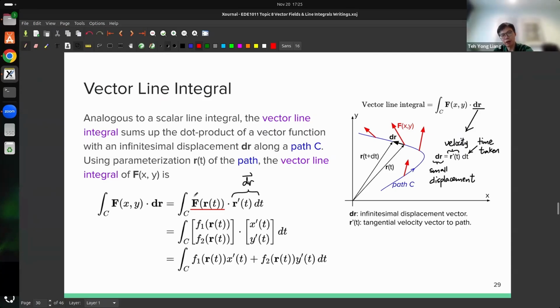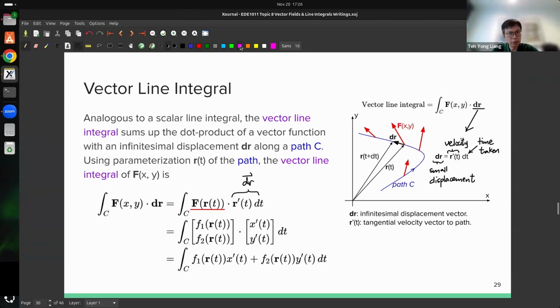But because your F has two components, in this case F of x, y, you've got F1, the x component, and F2, the y component. So you just substitute that vector r of t into F1 and F2, basically x of t, y of t, then evaluate this, and then dot. Now, this r prime is just x prime, y prime.